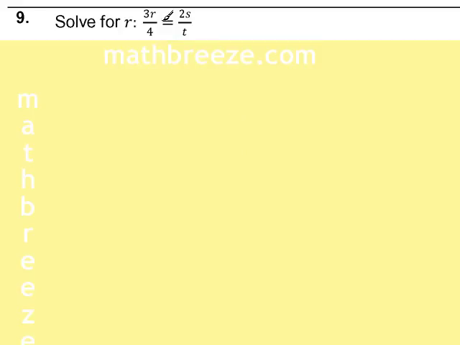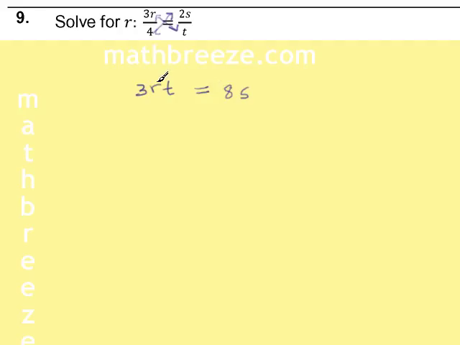In number 9, we have a fraction equal to a fraction, and in this situation we can cross multiply. Again, notice we want to solve for r. So let's start by cross multiplying, and that will get rid of these fractions, and then we'll solve for r. So we're going to multiply 3r times t, so we have 3rt equal, and then we're going to multiply 4 times 2s, and that is 8s.